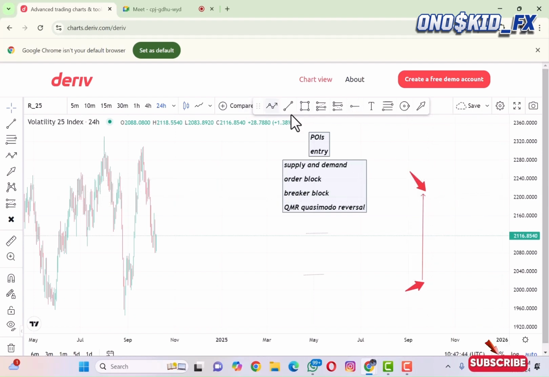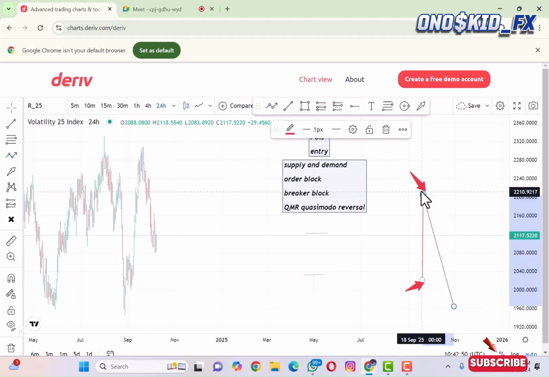Now this same price decided to push all the way down. They've taken their profit here and price has declined to this particular point. They want to also look for opportunity to buy again. So this is just what is happening in the market.